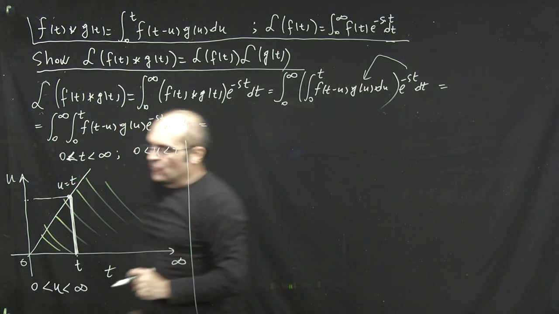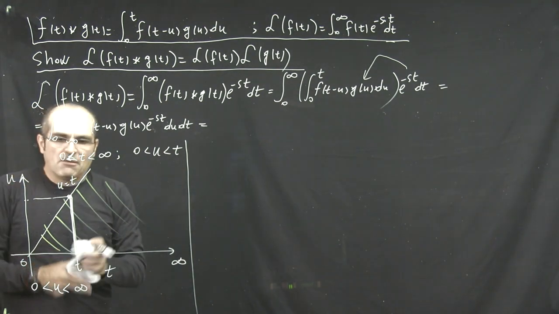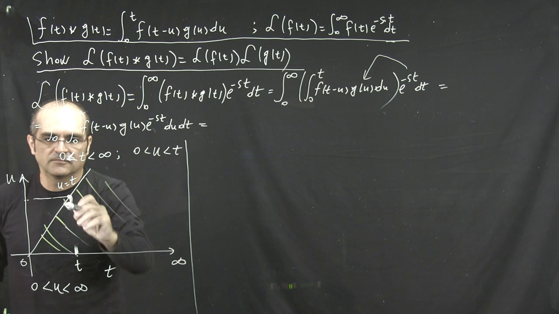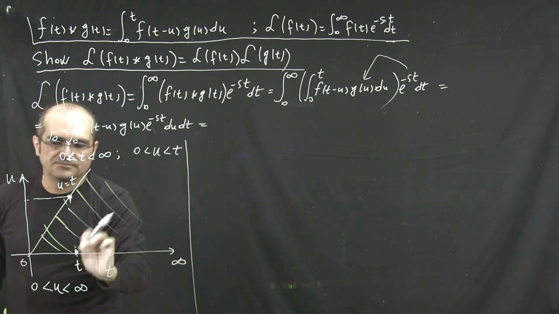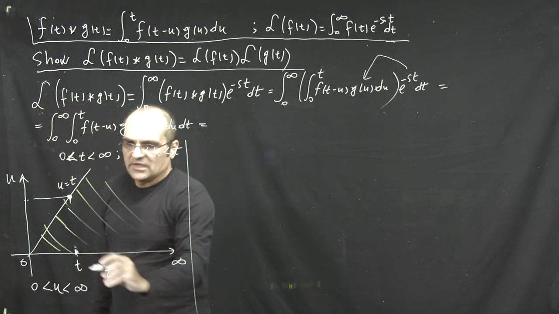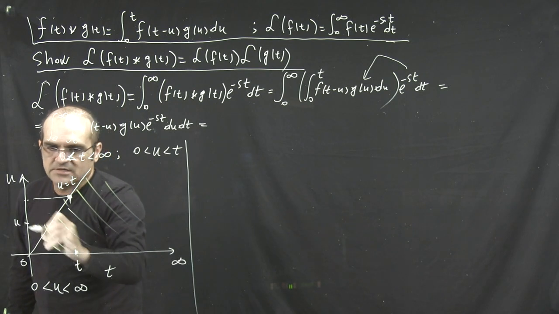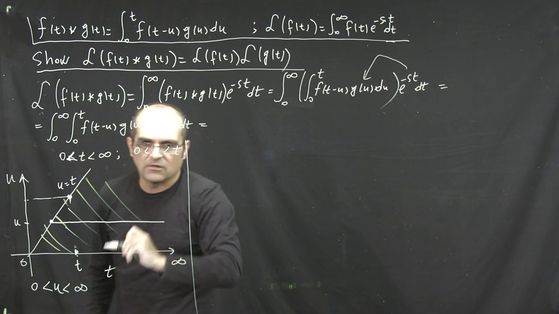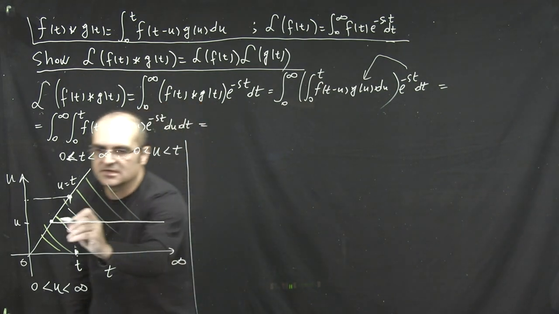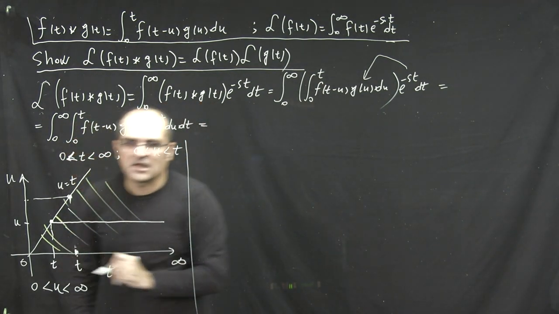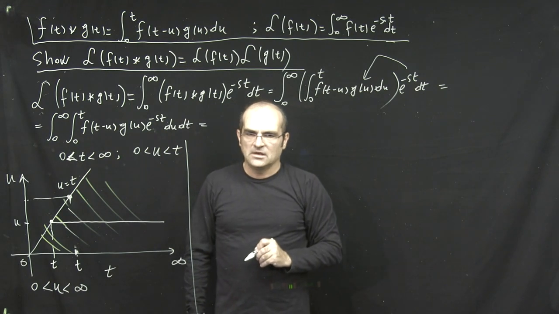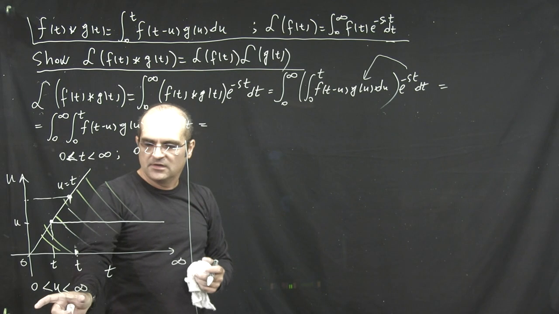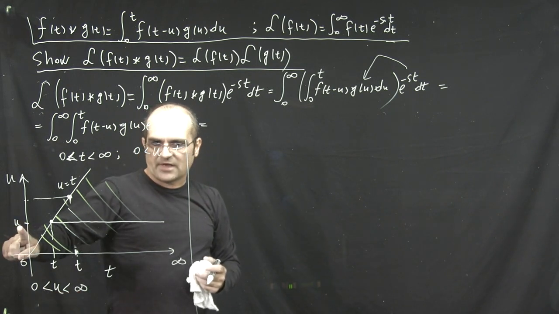Now, for a given u, I want to see the bounds of t. For a given u between 0 and infinity, if you look carefully, the lower bound of t is going to be u, because this point is on the line u equals t. So pause if you want to. For u from 0 to infinity, fix one value of u.